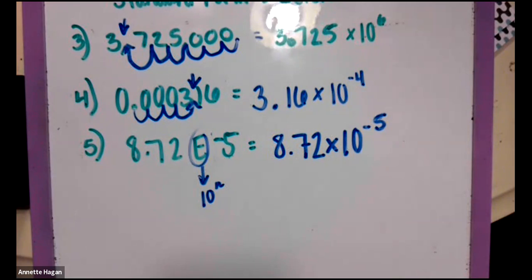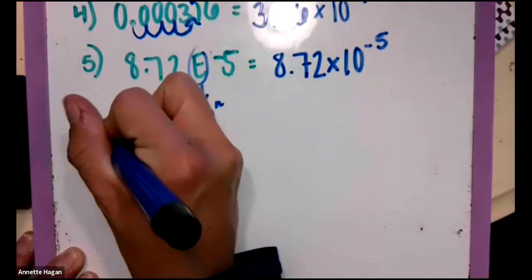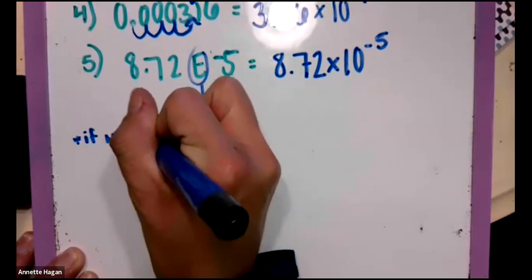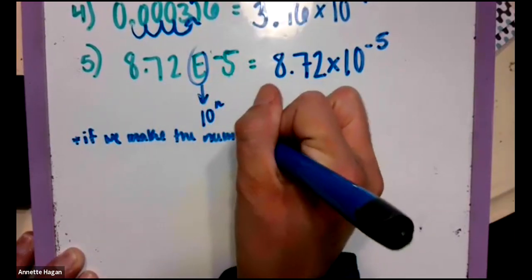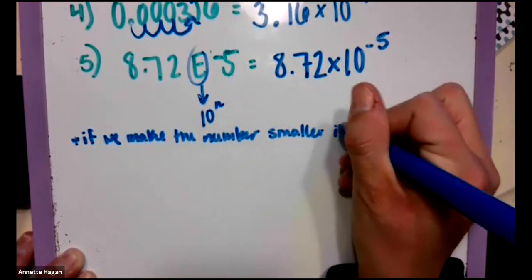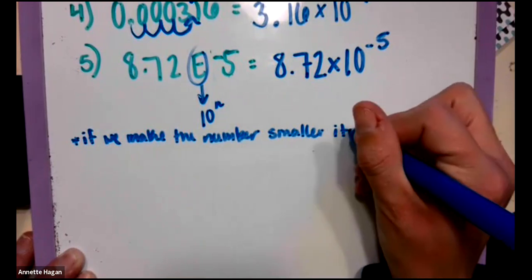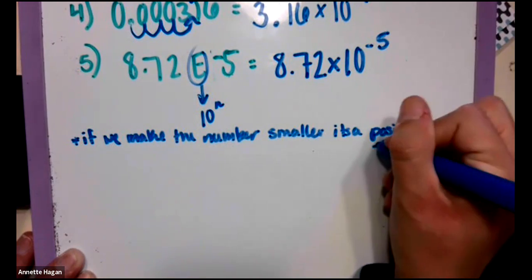All right, so just the big thing to remember here is that if we make the number smaller, it's a positive exponent.